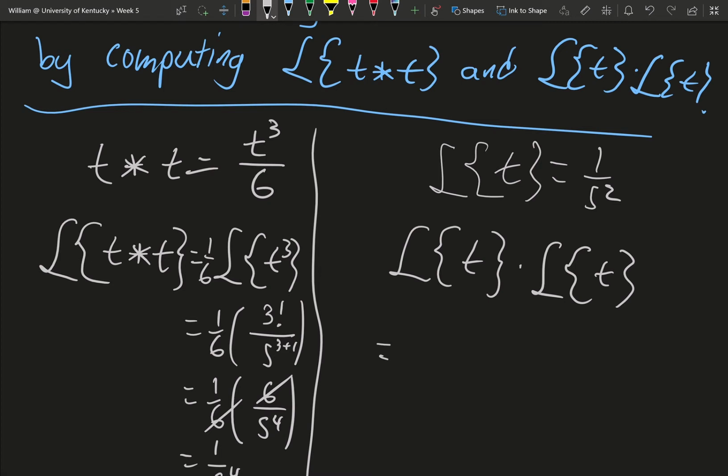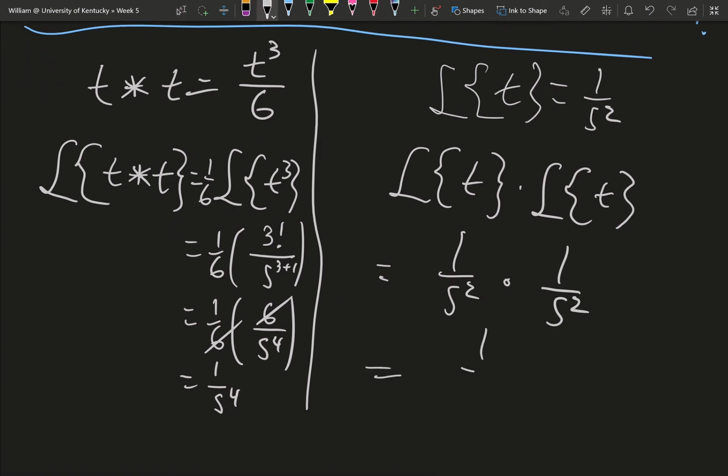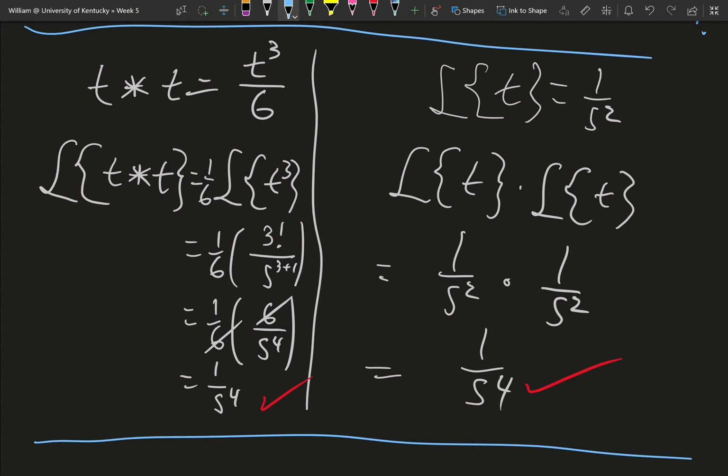So the product of the Laplace transform of t with itself is 1 over s squared times 1 over s squared. And we see that again, we get s to the 4th. So by seeing that those are the same, we sort of verified, at least for this special case, that the convolution theorem holds.